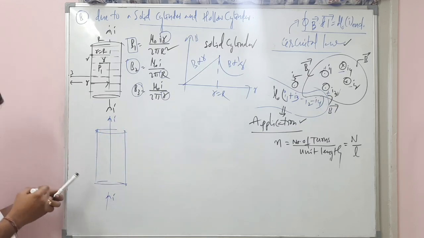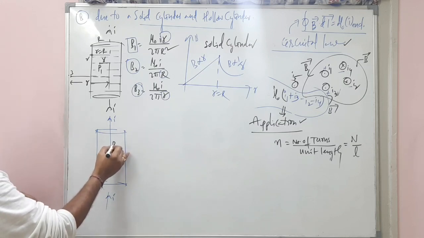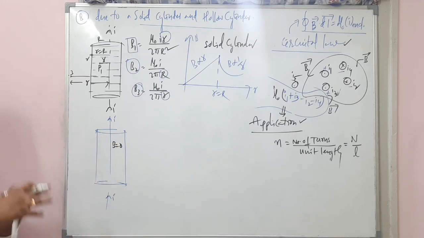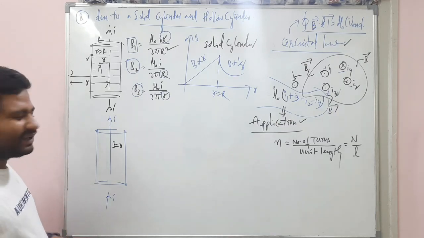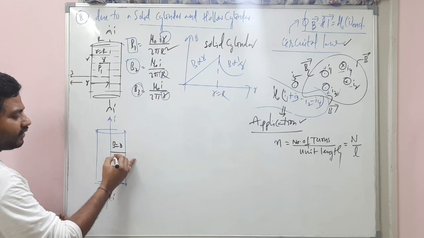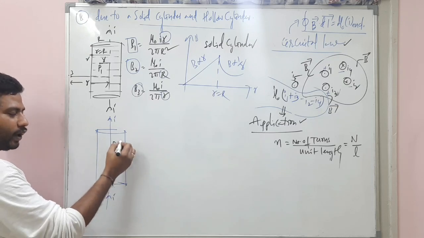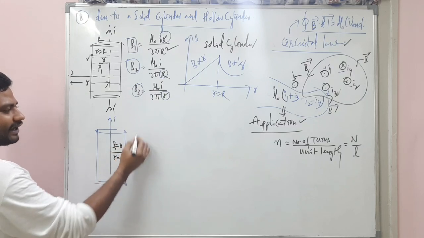And the very important thing is, inside the magnetic field is zero because there is no mass present here. Inside the magnetic field is zero, and exactly when small r is equal to capital R, at this point, this is the first point and second point.